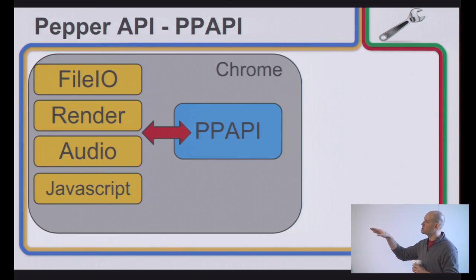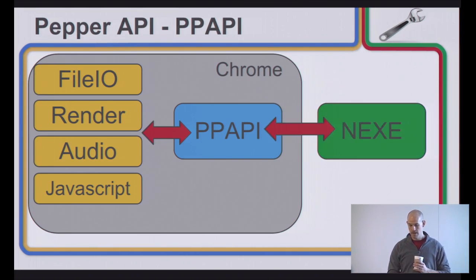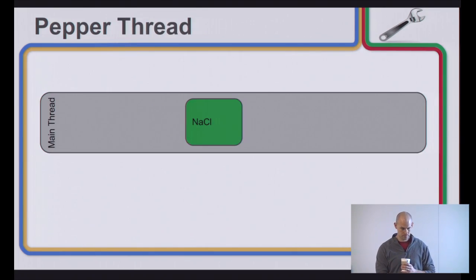So understanding this, that there's effectively a Pepper API that allows plugins to access these inner workings through Chrome, native client is effectively a module that communicates with this. So your NaCl file, when you compile it, you'll target these specific headers to do things like FileIO, audio rendering, and JavaScript. This is how your program gets access to the lower level architecture.